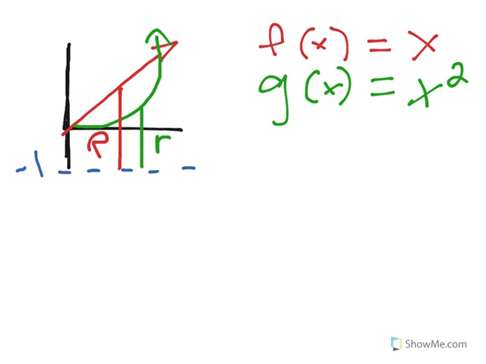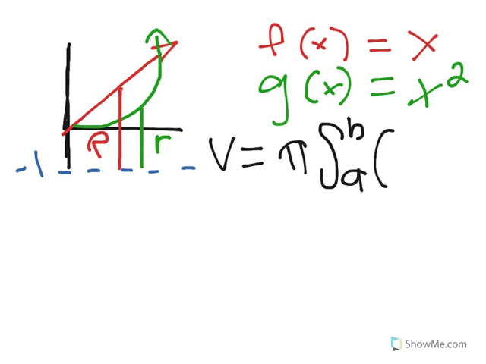And how you incorporate this, as you should know, the equation is V equals pi integral from b to a of big R squared minus little r squared, okay? I'm actually cutting it close there. But that is the equation.